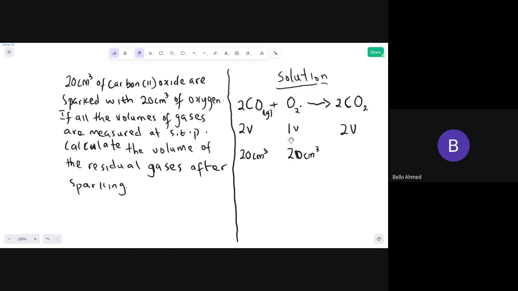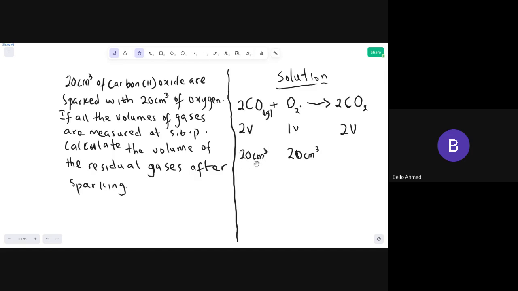So meaning that 1 volume of oxygen must always combine with 2 volumes of carbon(II) oxide, meaning that for every one of oxygen, we must have 2 times for carbon(II) oxide. So what I'm saying now is that if all the 20 of oxygen is reacting, definitely we must have 40 for carbon(II) oxide.